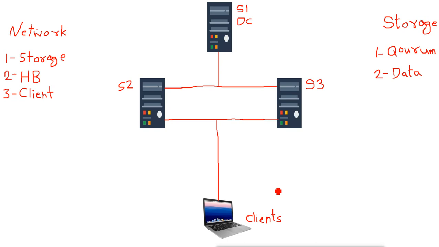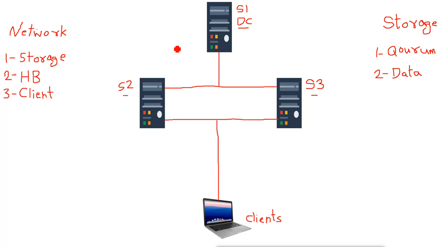Now this is what we are going to do here. I have three servers here, server 1, server 2 and server 3. These two servers, server 2 and server 3, I'm going to use to configure the cluster. Server 1 is our domain controller, and this is for the authentication.